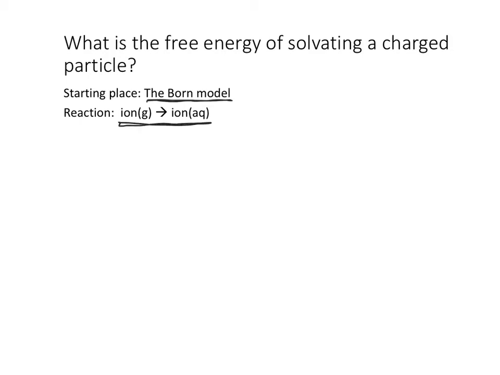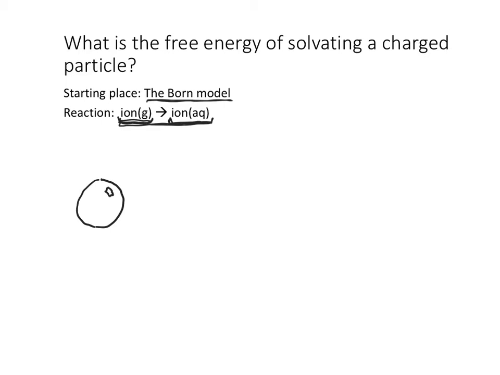We've got an ion just existing in the gaseous state, so it's a vaporized ion. And then what's the free energy of solvating it in water, for instance? We'll just use water as the solvent of choice. So I'm going to depict that ion right now. There's the ion.